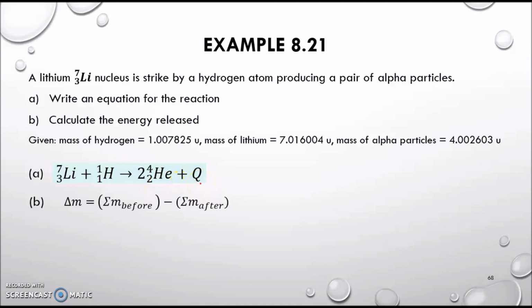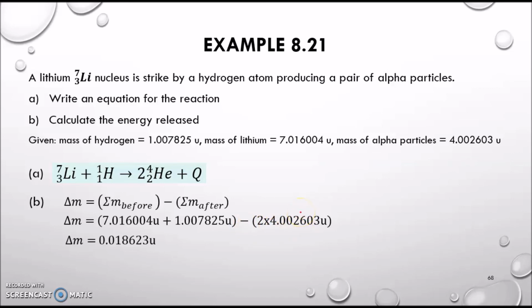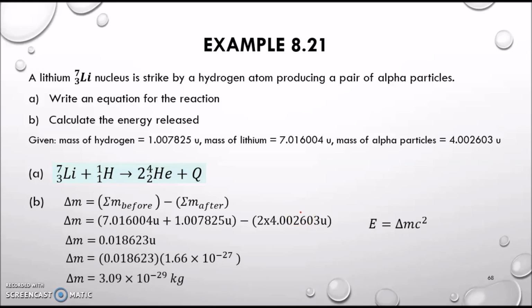For the energy released, use this equation to find the mass defect: mass of lithium plus mass of hydrogen minus 2 times the mass of helium. When you get the mass in U, convert into kilogram and then substitute into the equation E equal to delta m c square. So the answer will be 2.78 times 10 to the power of negative 12 joule.